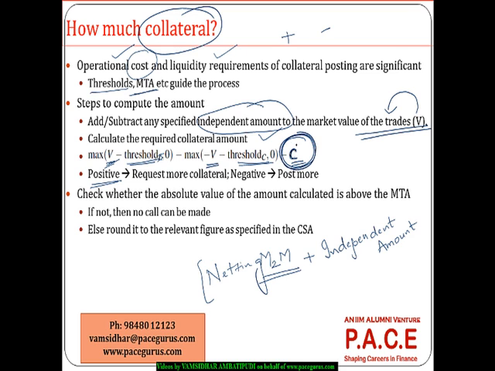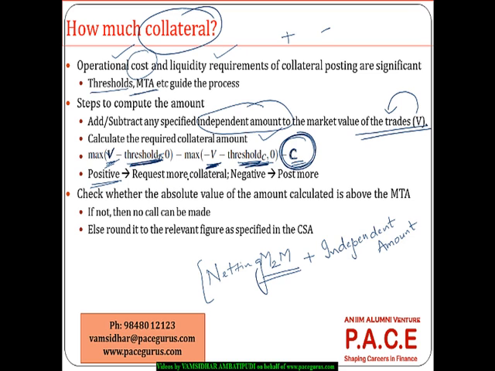Now, which means if I have already collected a very high collateral amount, this overall value will come out to be negative, because corresponding to my threshold, if the value is much higher, I'll collect. Corresponding to my counterparty's threshold, if the value is more negative, I have to pay it back. Right? By that much amount, the collateral has to come down.